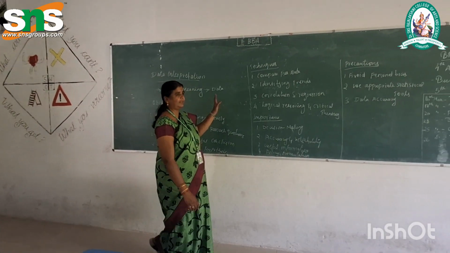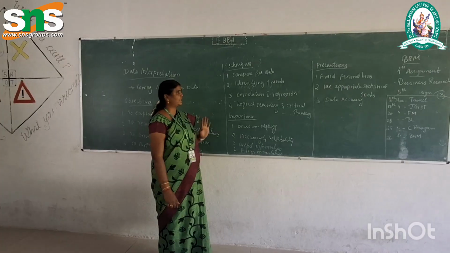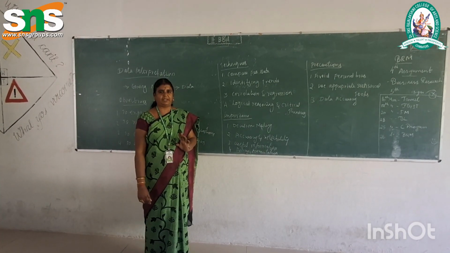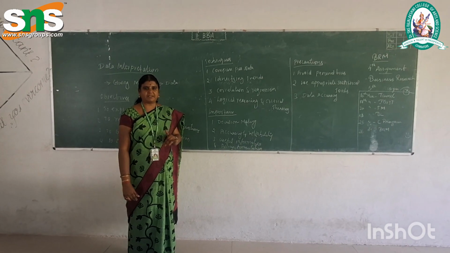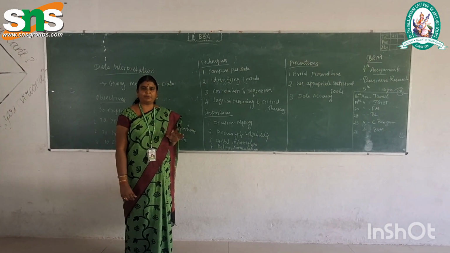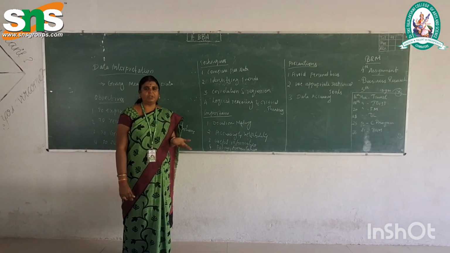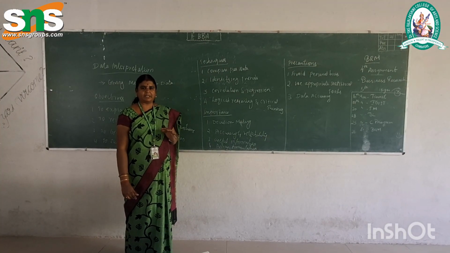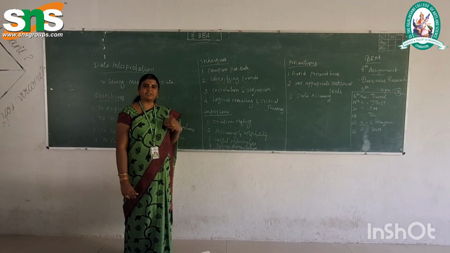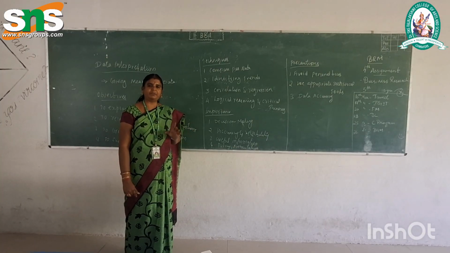Next, techniques of data interpretation. The first one, compare past data. Yes, we have to compare the past data with present standards. Then only can we identify whether it is good or not. For example, if a student is writing an exam, the expectation is 60 out of which they are going to get 55.